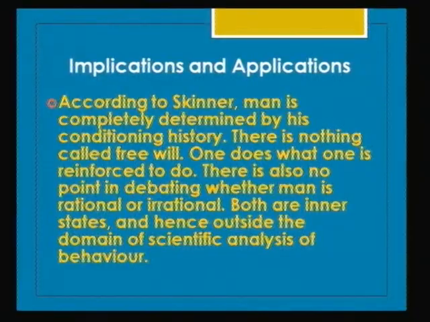Now, he also says that there is no point in debating whether man is rational or irrational, because both rationality and irrationality are inner states, and therefore they are not objects of our scientific inquiry. In science, there would be no inner state, only manipulation of behavior by conditioning and reinforcement.